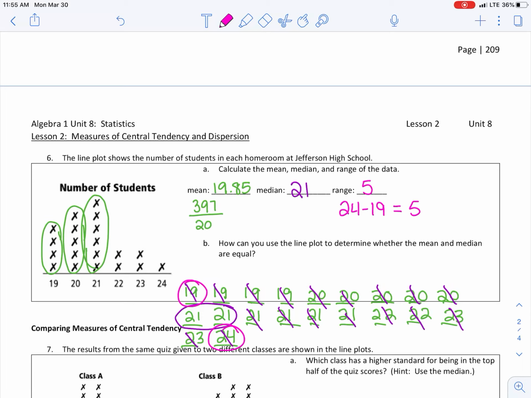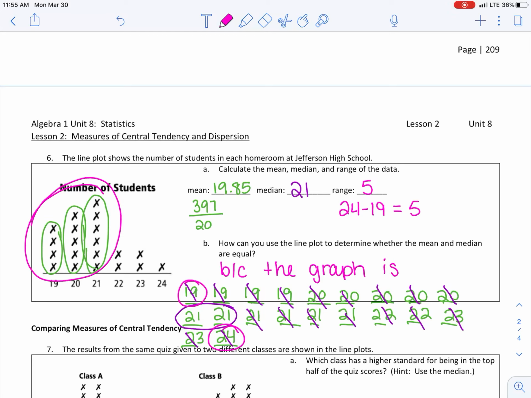And it says, how can you use this line plot to determine whether the mean and median are equal? Well, clearly we don't have a mean and median that are equal. But the reason for this is it's not a symmetric graph. So in the example above, we had a graph that was symmetrical, which means that the mean and the median were the same. But this graph is not. It's actually skewed more to this side.